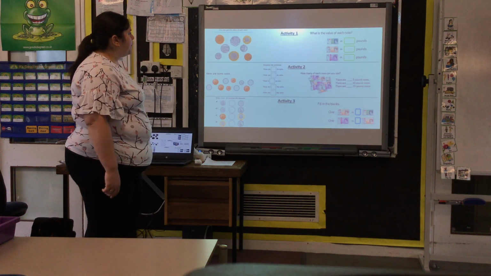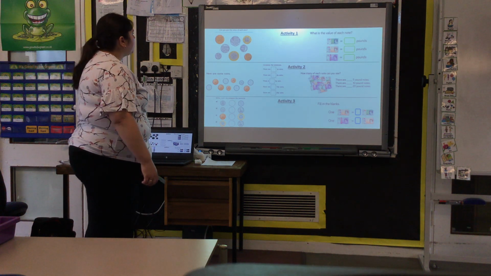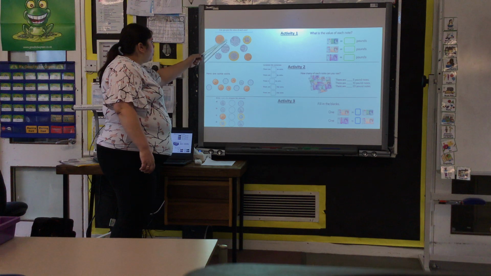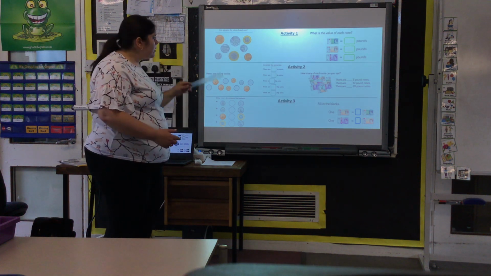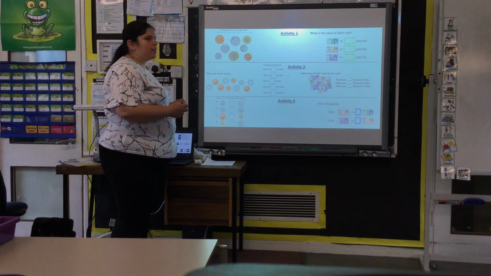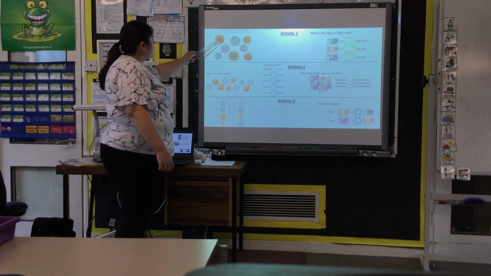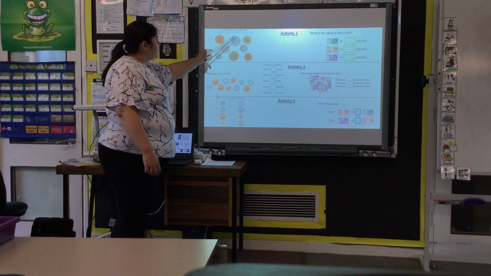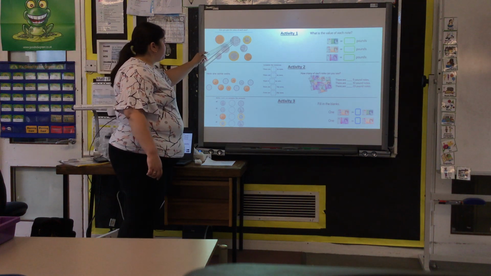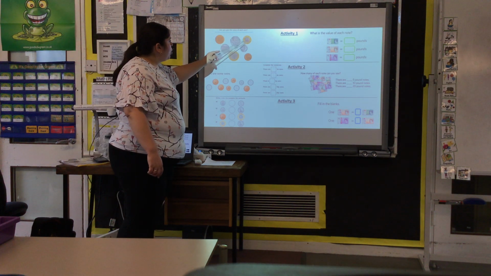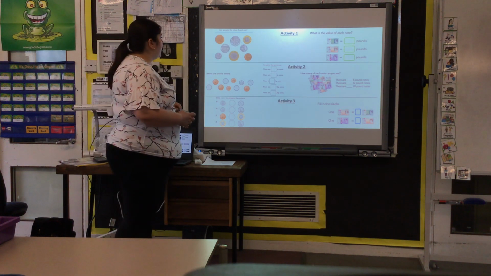So activity 1 is just telling me what the coins are, what the notes are. So going through each of these, if we have a look, they're in a bit of a mixed order. They're not in the same order, so you need to think, well, what do I remember? So we've got the bigger coin here is the 2p. Remember the one that's not quite a circle, it's a bit bigger, that's the 50p. We've got the gold with the silver inside, a bit smaller, that's the £1 coin.